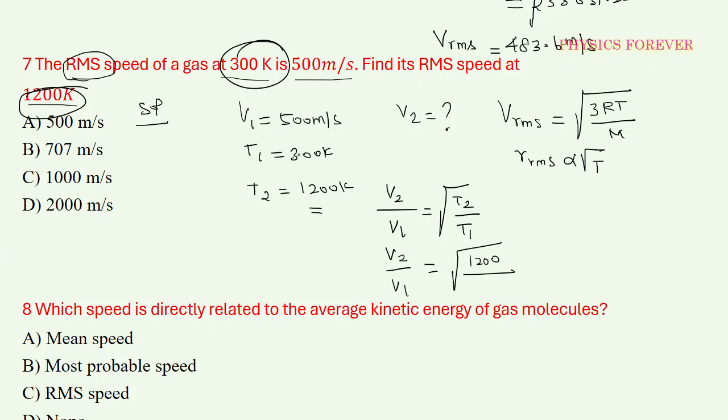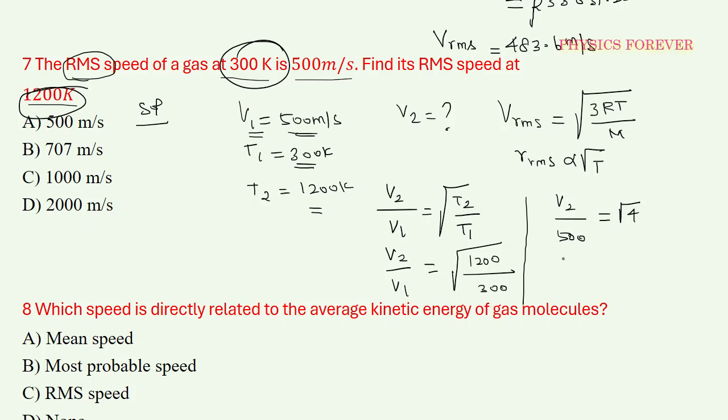V2 by V1, what is the value for T2? 1200 by what is T1? 300. Then V2 தான் நம்ம கண்டுபிடிக்கணும். What is the value for V1? 500. How many times does 300 cancel? 4 times.